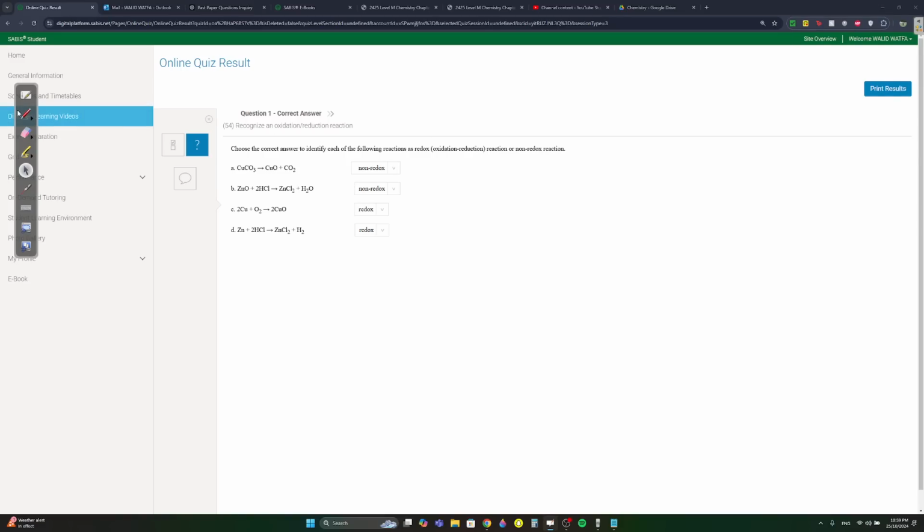Let's see if something is redox or non-redox. CuCO3. For a redox reaction to happen, it needs to have an oxidation and a reduction half. Before continuing, you should know that acid-base reactions are never redox. It's somewhere in the notes.